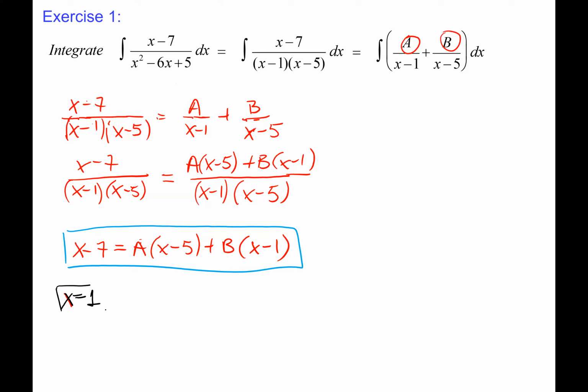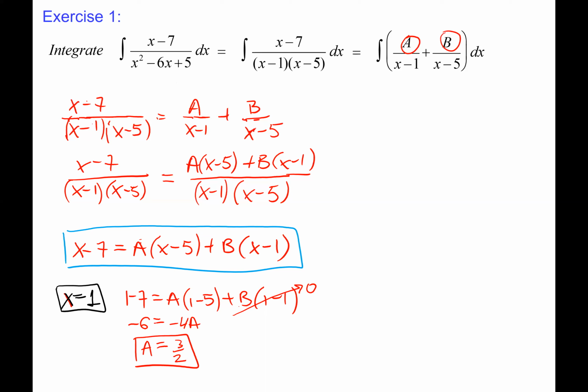Let's assume that x is 1, and let's substitute that 1 into the blue box. 1 minus 7 equals A times 1 minus 5, plus B times 1 minus 1. Excellent, this is gone, that's 0. This is negative 6, negative 4A. And then A is negative 6 divided by negative 4, it's 3 over 2. I do have the quantity A.